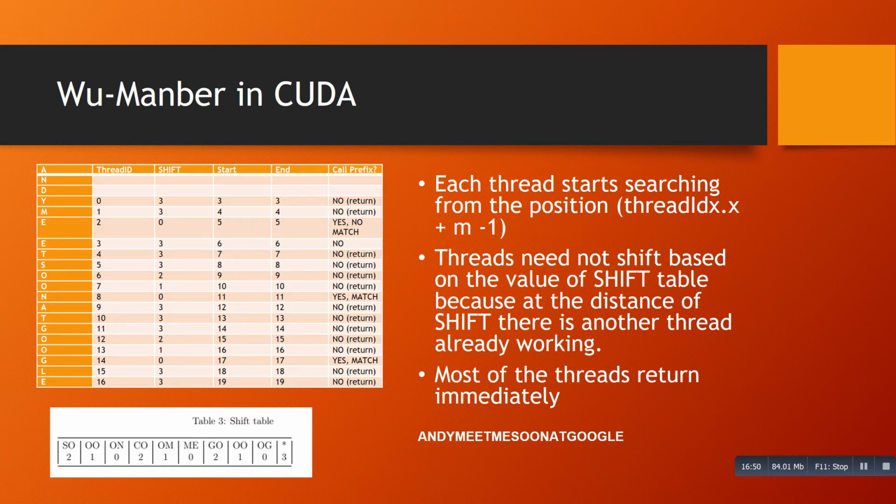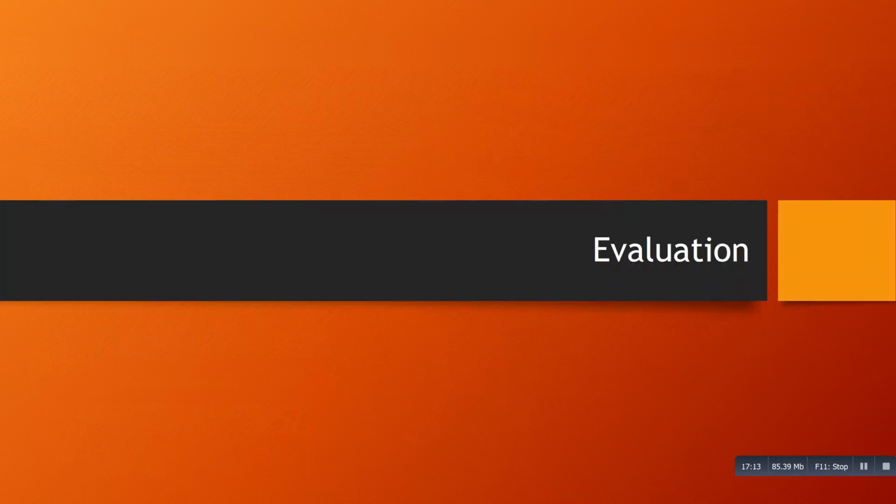If the shift table says the suffix matches, then we call the prefix table to see if the prefixes match. If they match, then we return saying that there is a match. So our optimizations were removing the shift table and optimizing it to launch threads in parallel.